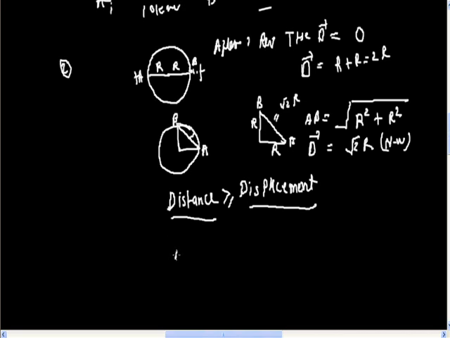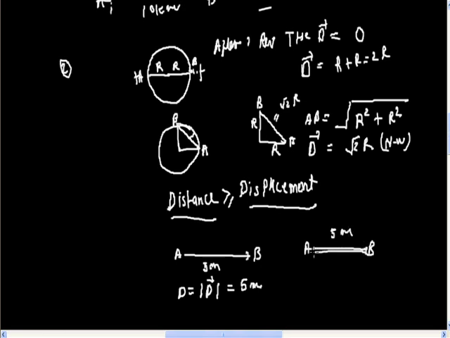Let's say an object starts from A to B in a straight line by 5 meters. In this situation, the magnitude of distance and the magnitude of displacement, denoted by this symbol, are equal to 5 meters. And I can say displacement may be 0. How is it possible? Let's see, an object moves A to B by 5 and again moves B to A by 5 meters.